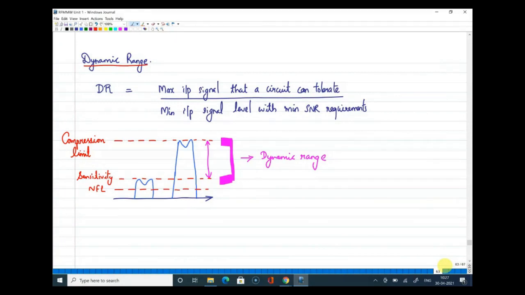Sir, but if you consider PIM3 in as NFL, after it gets amplified, it will cross NFL on the output side, right? Like IM3 max shouldn't be NFL, output max should be NFL, right? Yeah. So basically, there is nothing called IM3 at the input, right?